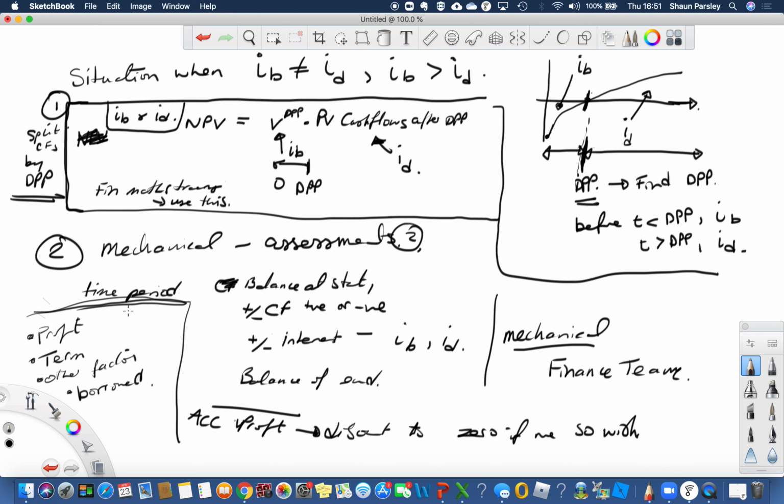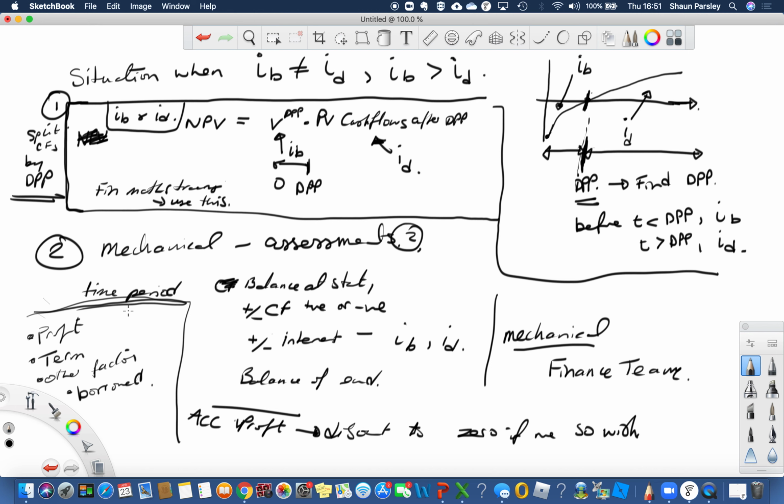And I think that's it. So that's a big section, but actually when you break it down, there's 3 metrics to think about. The NPV, the internal rate of return, and the DPP. And then there's just 2 situations. One where there's just a risk discount rate, one interest rate across everything, which is always nice.